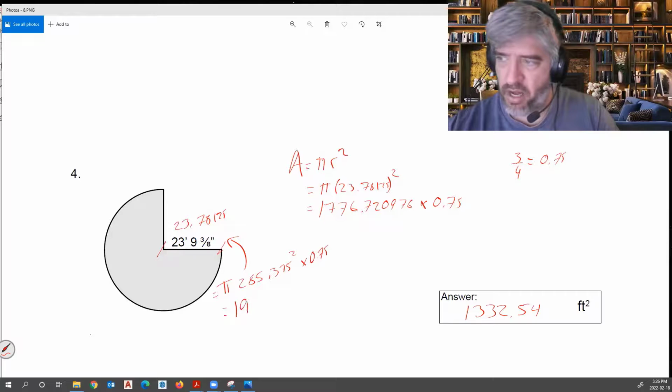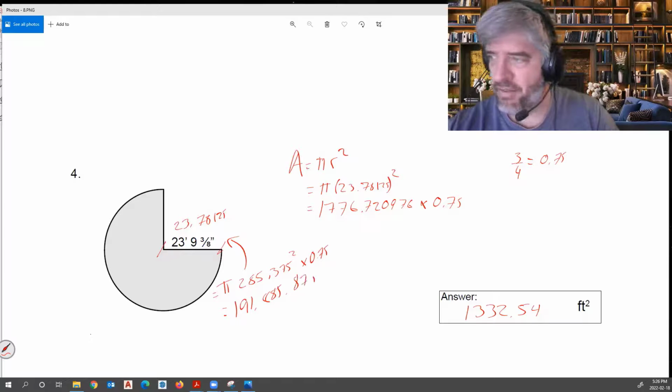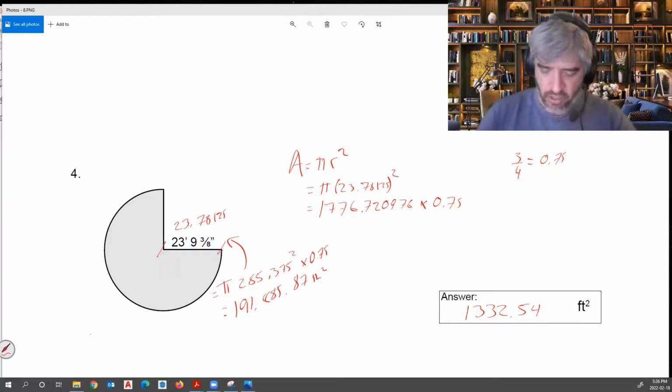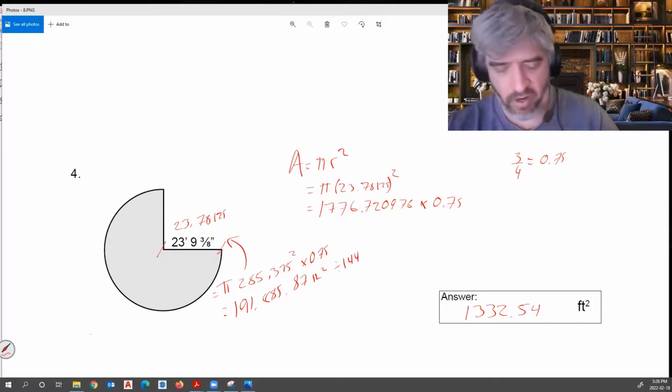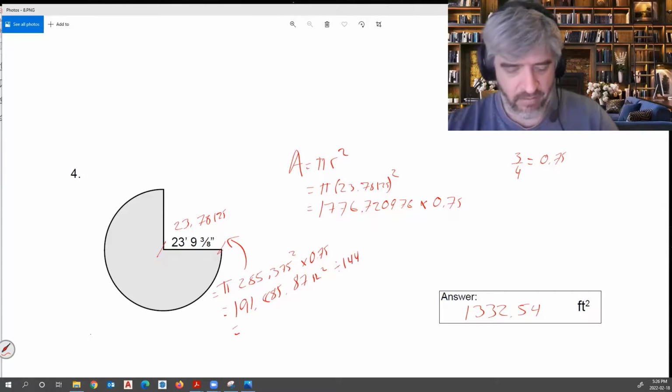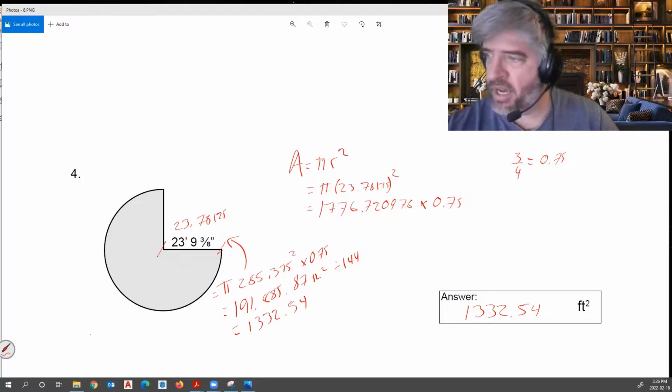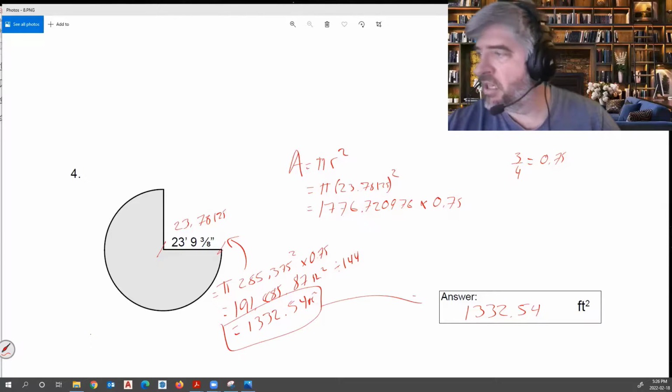It gives me an answer of 191,885.87, and that's square inches, which I divide by 144, right? Divide by 144, which actually gives me 1332.54. Right, and that's square feet, which is the same answer.